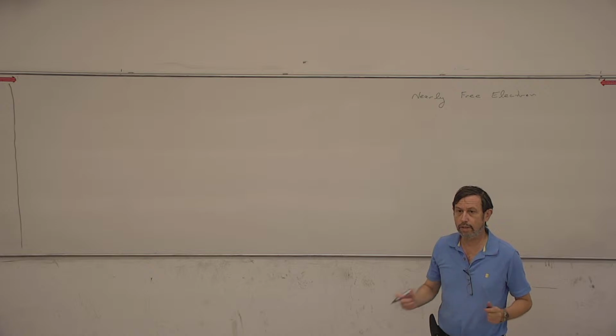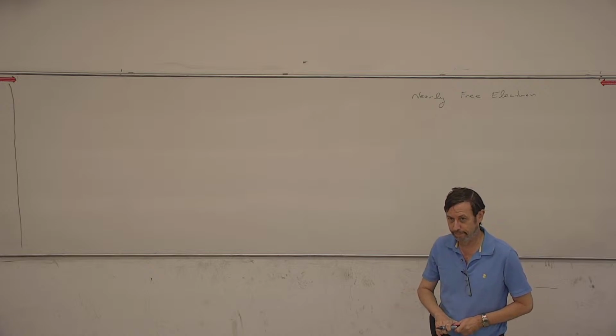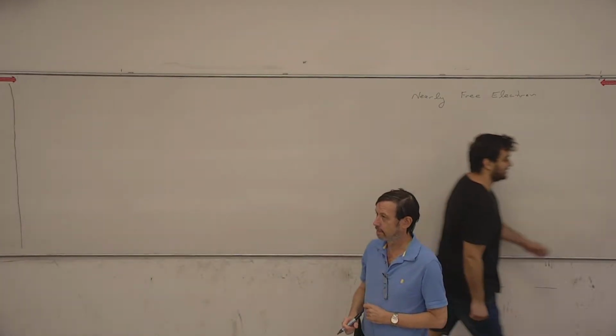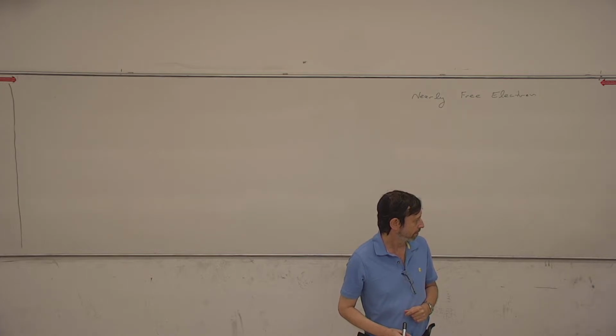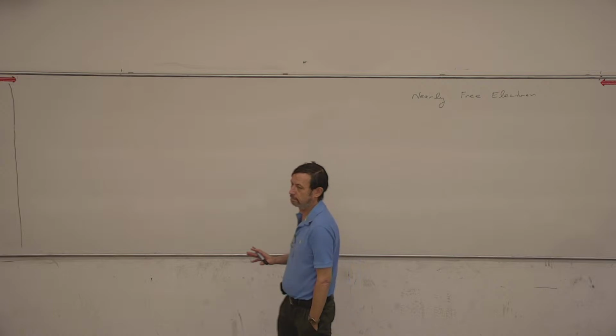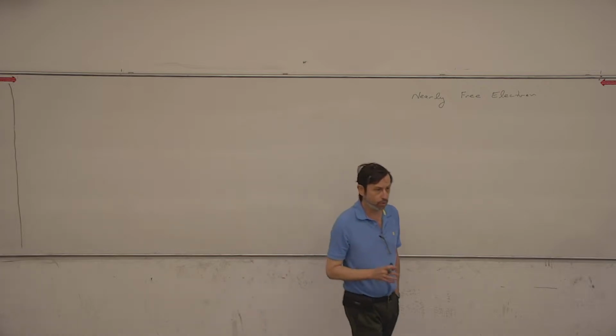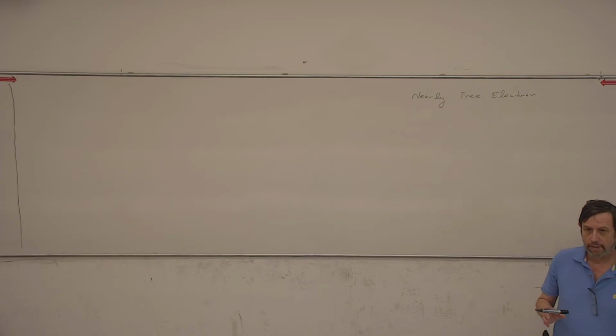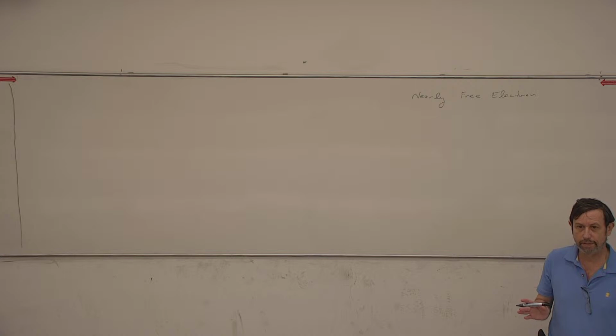Okay, so we assume that we have a very weak potential. And if I put in a very weak potential, no matter how weak it is, something happens. Why?